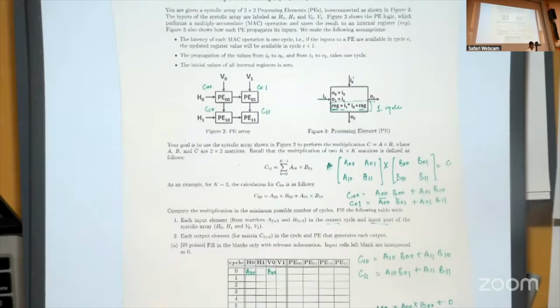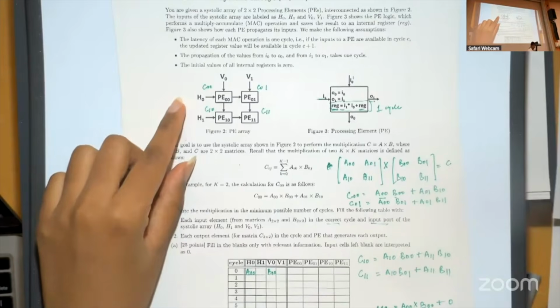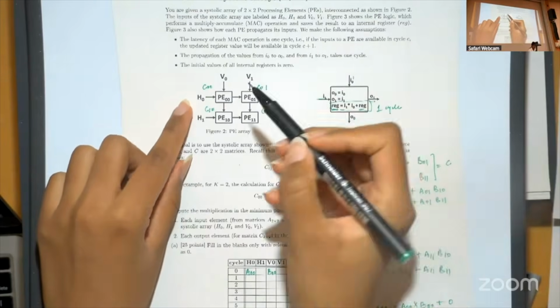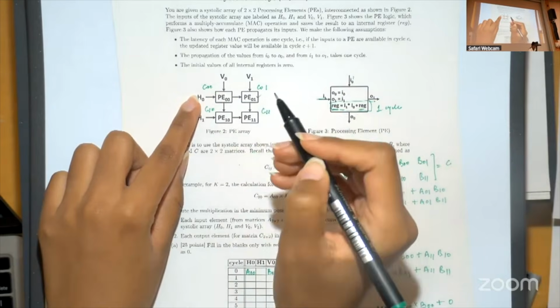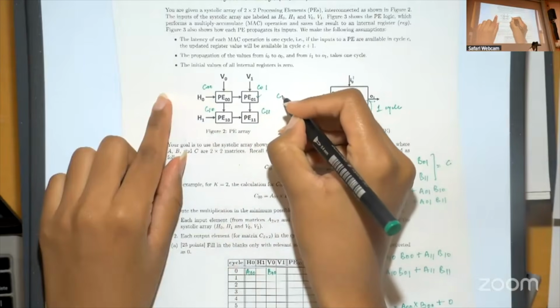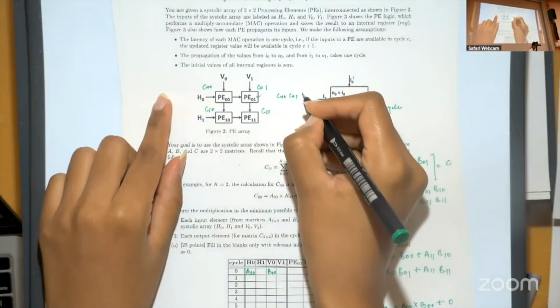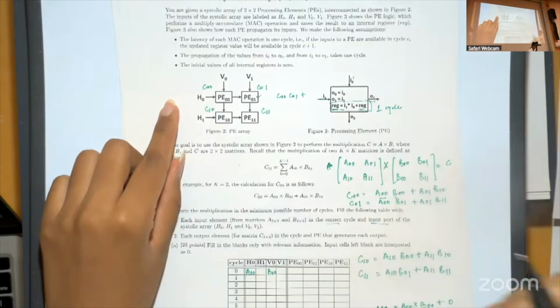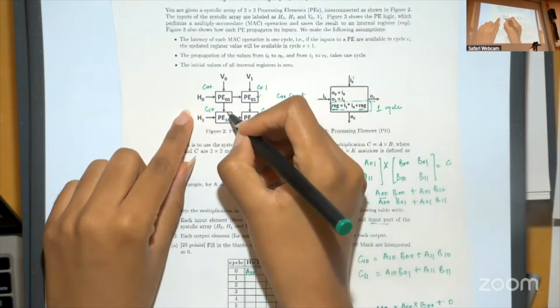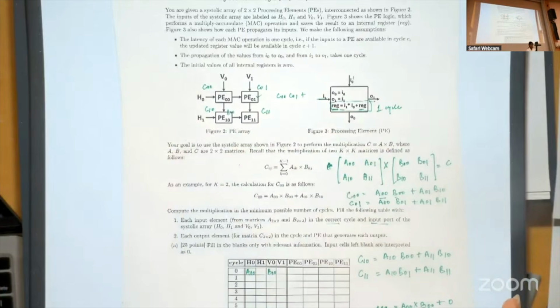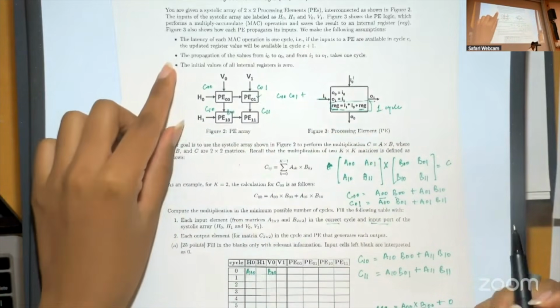Next, let's move to the next cycle. Here, A00 would be propagated to PE01, and similarly B00 will be propagated here, and it will also calculate the MAC operation.